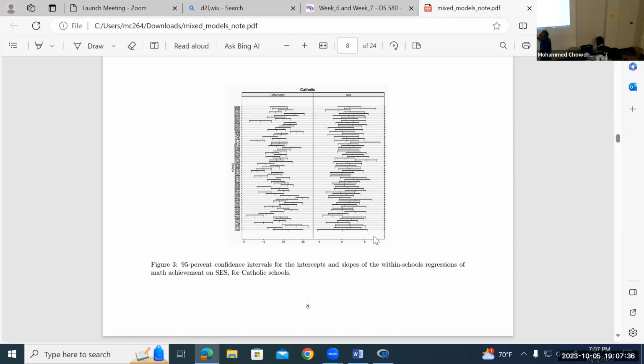Why have we done this? Because this is varying, right? If it did not vary, then the confidence interval picture would look like this.